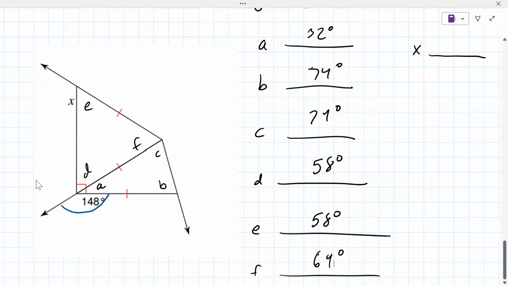Okay, how about X? What do X and E make? That would be 122. Try to make a linear pair. Perfect.